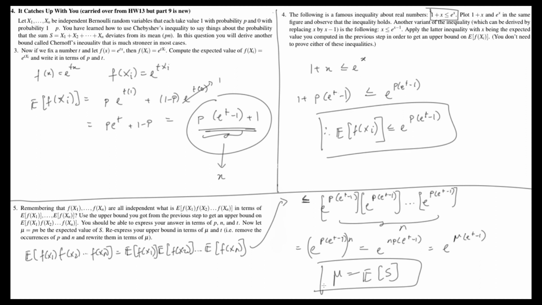So the expectation of the product of all those is bounded by this. You know that n times p is the expectation of the sum of all the random variables. And that's it for question 5 of problem 4.